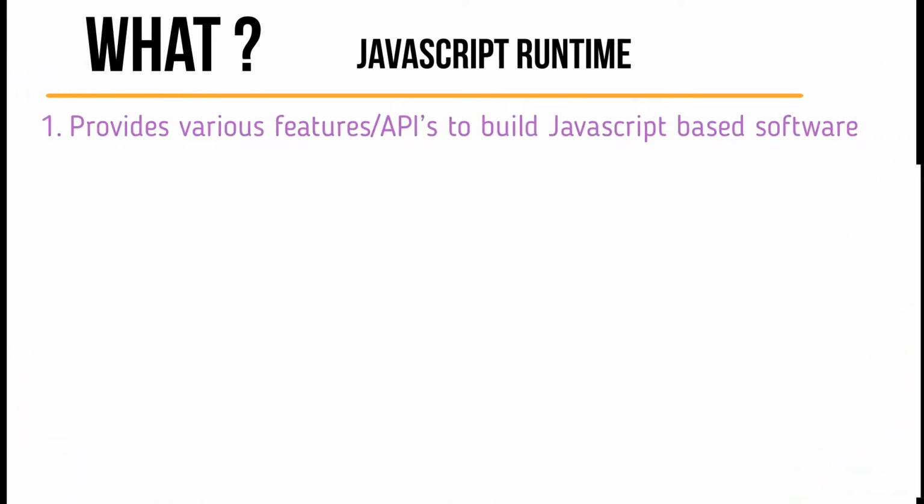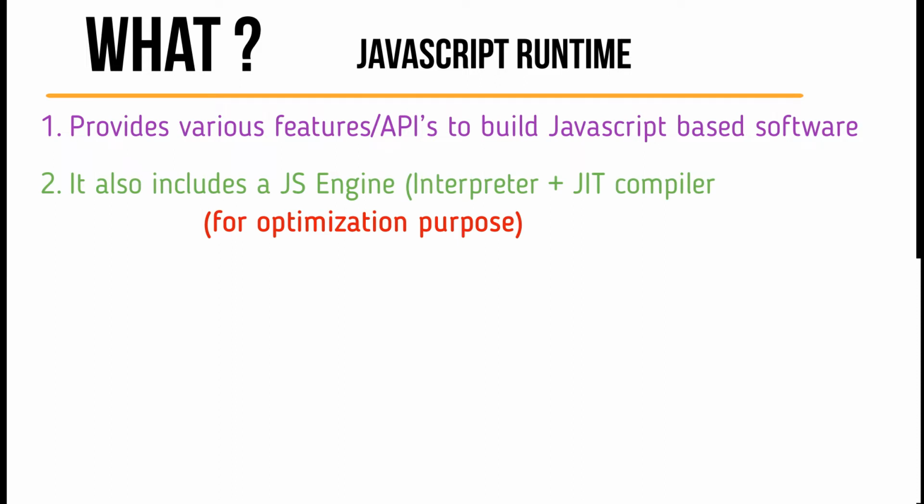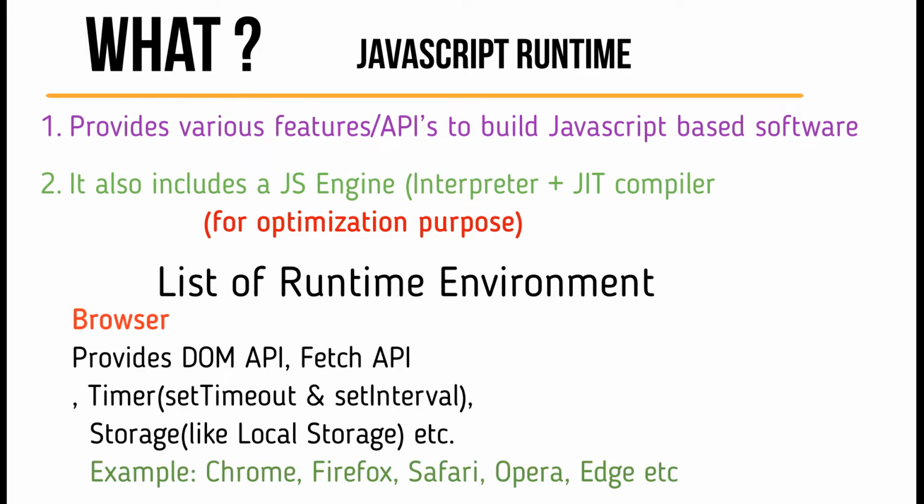JavaScript runtime environment provides various features or APIs to build JavaScript-based software. It also includes a JS engine, also known as interpreter plus JIT compiler, and the whole purpose is for optimization. List of runtime environments.